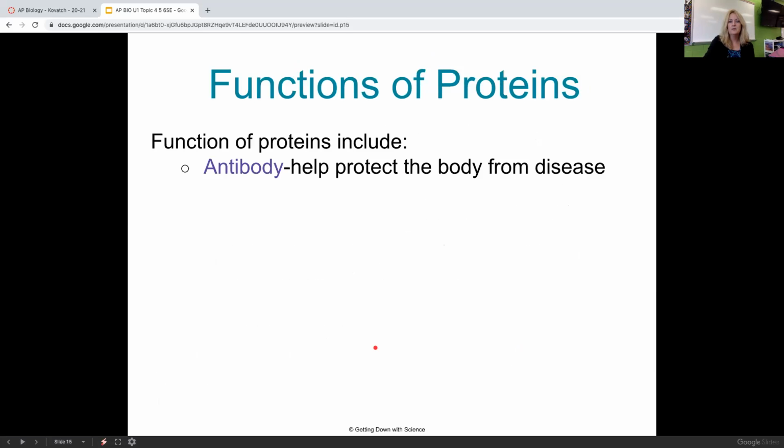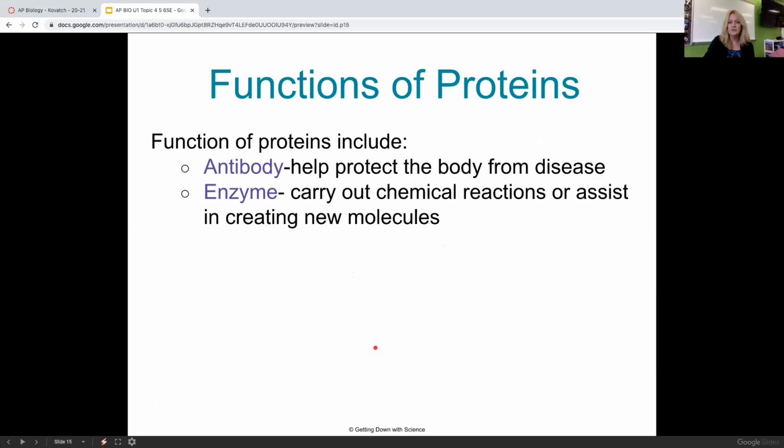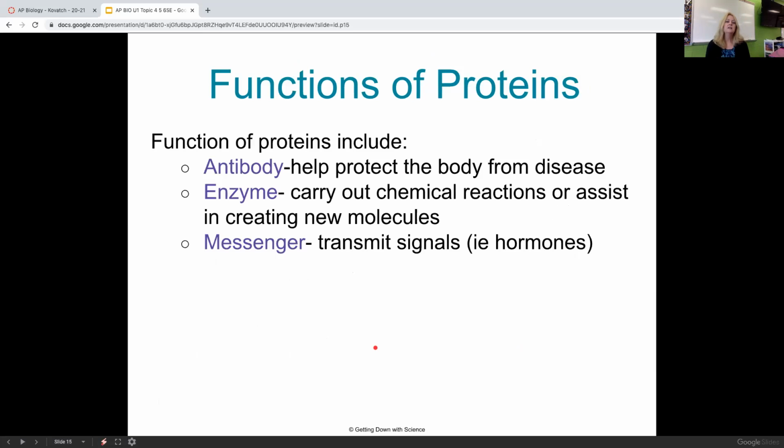Well, what are some functions of proteins anyway? Why are they so important? Functions of proteins include antibodies. We know how important antibodies are, keeping us from our diseases. And just equally, if not even more important, are enzymes. Enzymes are proteins that carry out chemical reactions or assist in creating new molecules.